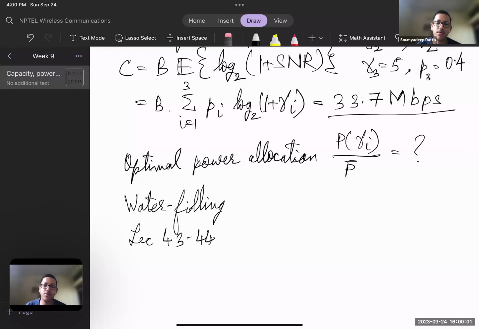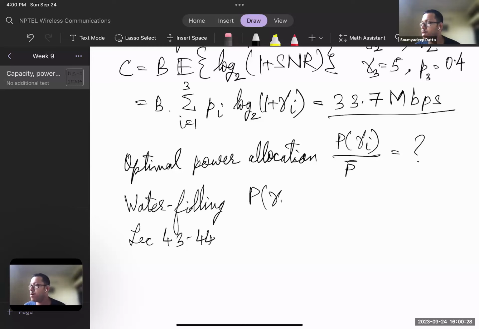So I'm not going into the theory for now. I think it's better to go over it yourself. Essentially, it's a long derivation, and you see that for your optimal allocation, you need to solve this equation.